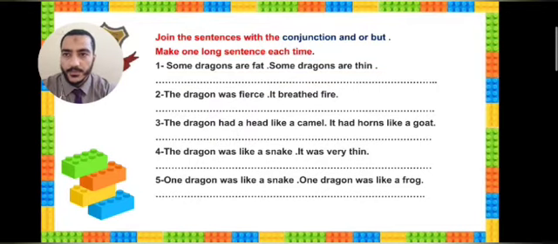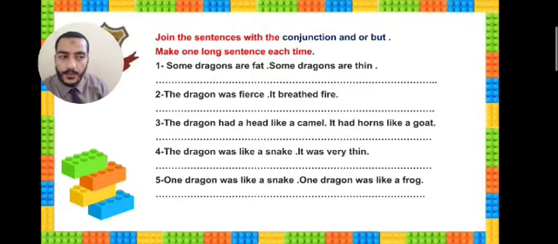Number 1, some dragons are fat, some dragons are thin. What do you think? Is there any difference between these two sentences? Of course, fat and thin, there is a difference between these two words.